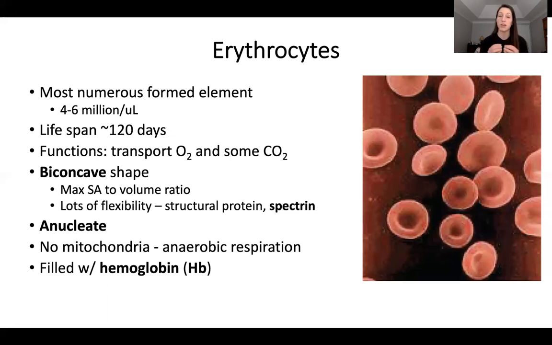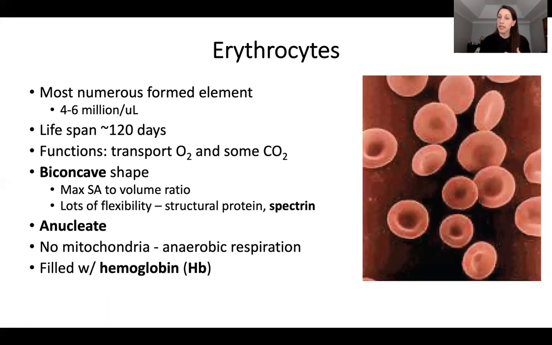One in particular that the book mentions is spectrin. And what spectrin does is it allows for that flexibility so that the biconcave red blood cells can fold in on themselves, squeeze through those tiny vessels, and then when they get back into a larger vessel, they can sort of spring back open again. So they're flexible, kind of bouncy. So that's really important for their function in both gas exchange and being able to travel through tiny blood vessels.